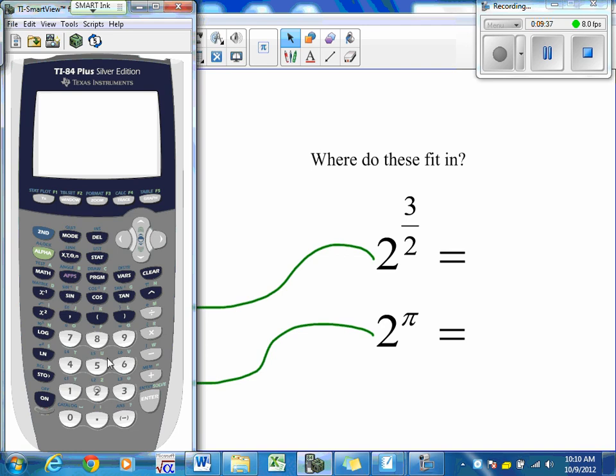And I can take 2 to the 3/2 and get that. Or I could take 2 to the pi.